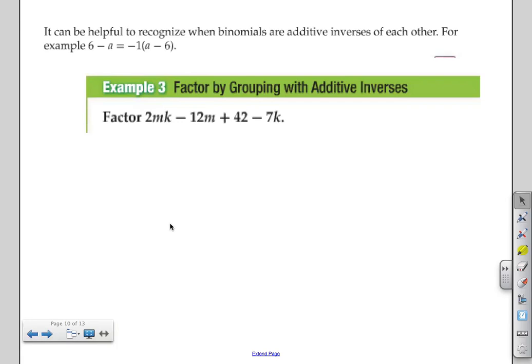It can be helpful to recognize when you have an additive inverse. It's helpful to recognize that 6 minus a and negative 1 times the quantity a minus 6 are the same thing. Do you guys see that? 6 minus a is the same thing as negative 1 times a, which is going to be a negative a, right?